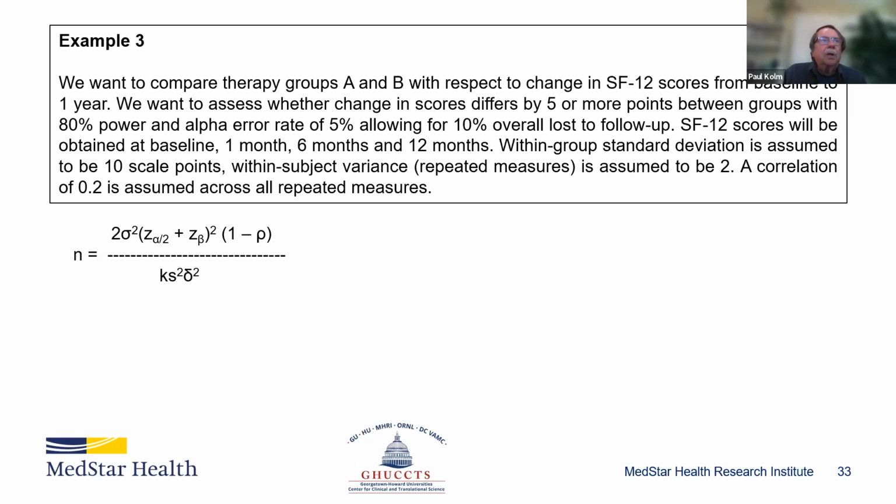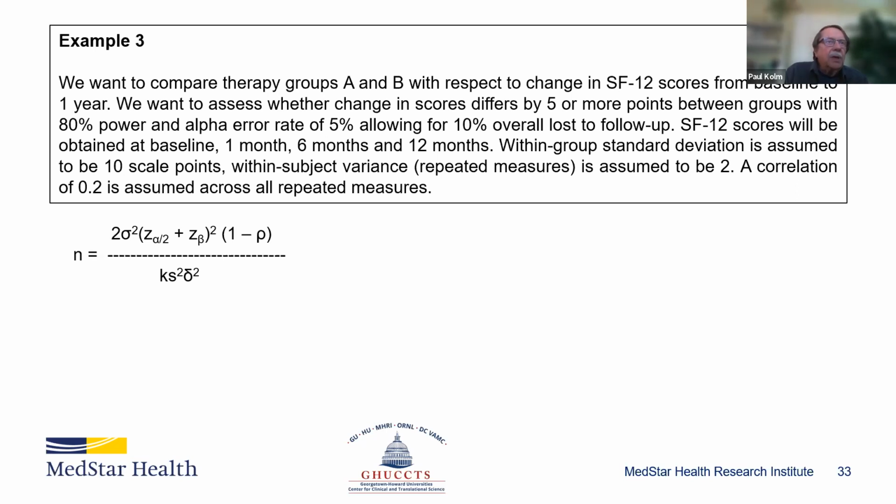And we'll assume a correlation of 0.2 across all repeated measures. In practice, that's not probably a very good assumption, because generally when you have repeated measures, the variance increases as you go further out in time. But for simplicity here, we'll just assume 0.2 correlation across all repeated measures.